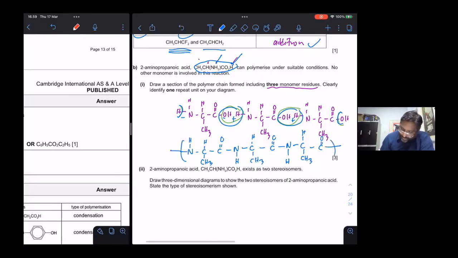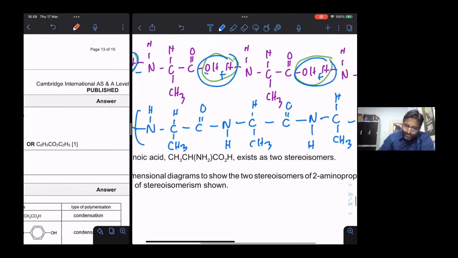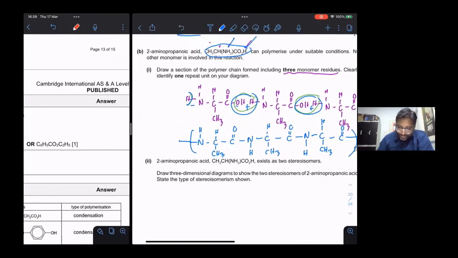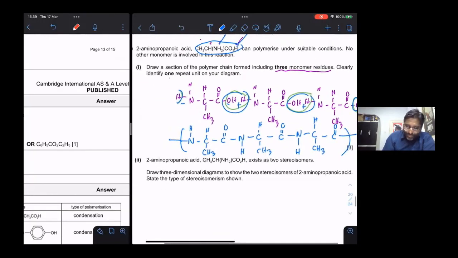Okay, they want 3 is done, and then they say clearly identify 1 repeat unit on your diagram. So repeat unit, yeah. So the one that is repeating over here, of course, the NH and then up to CO. Yeah, so I can draw here NH and CO. Okay, one repeating unit.